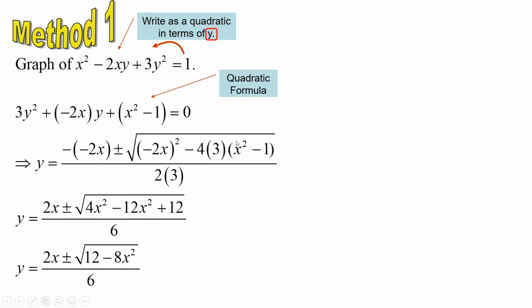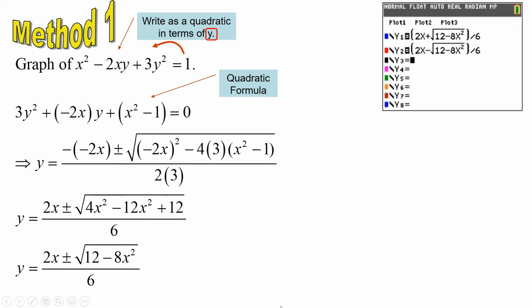So now I'm going to get out my calculator, and I'm going to let y sub 1 equal this expression with the plus, and y sub 2 equal the same expression, except using the minus right here. So there's how I put that very, very carefully into my calculator, and I double checked everything. Doesn't that look good? And by the way, this looks way better than if I had done this right here.